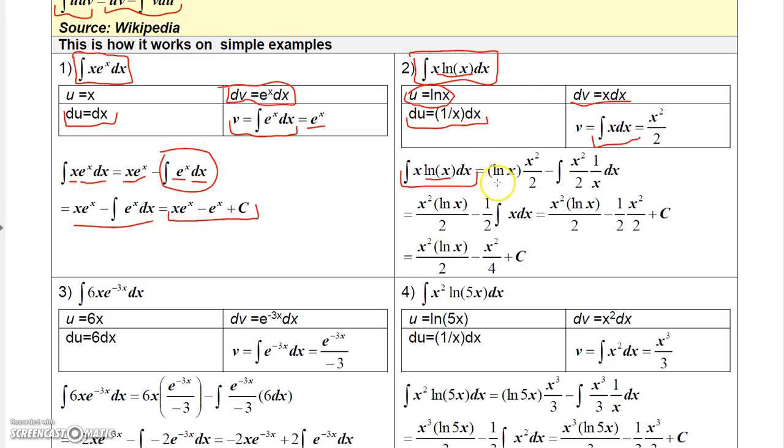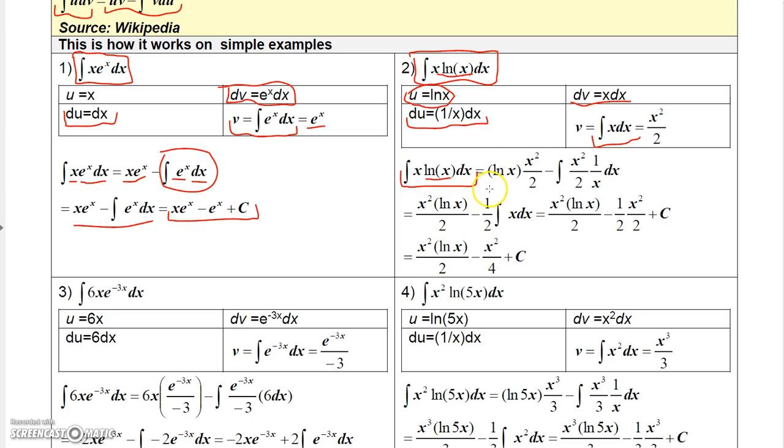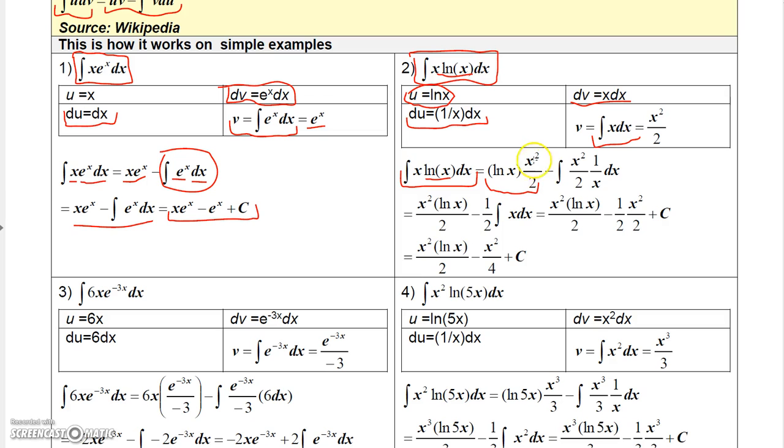Now what does the formula say? uv, so I need uv. u is natural log of x, and v is x squared over 2. So there's uv, and then minus the integral of v du. That'd be v, which is x squared over 2, times du, which is 1 over x dx. Notice that x squared over x is just x.